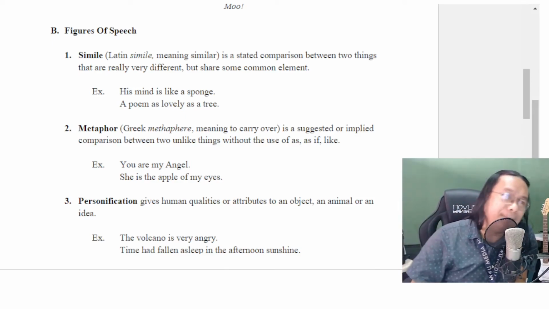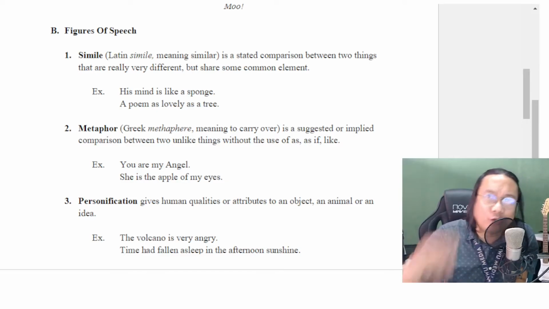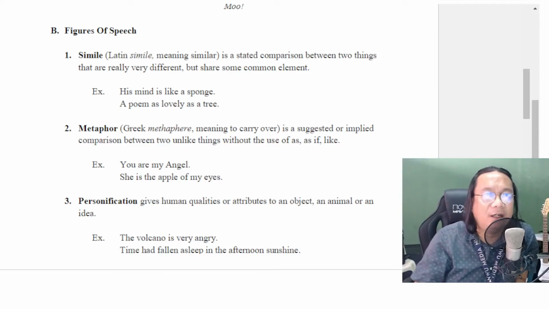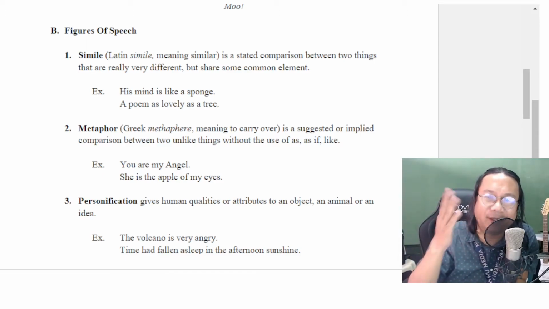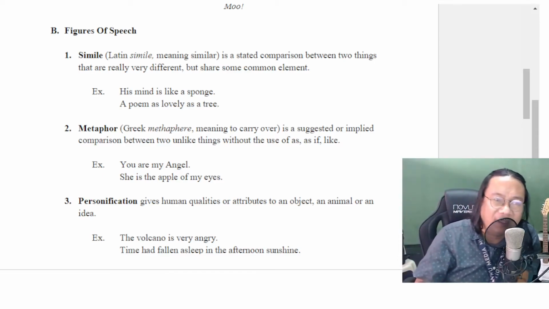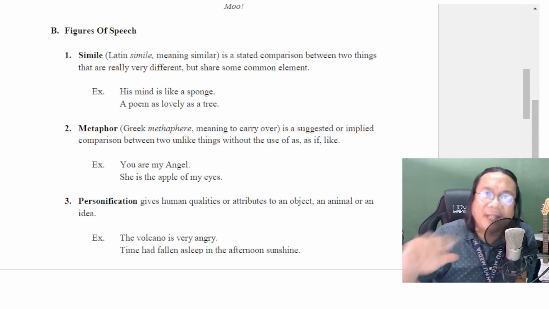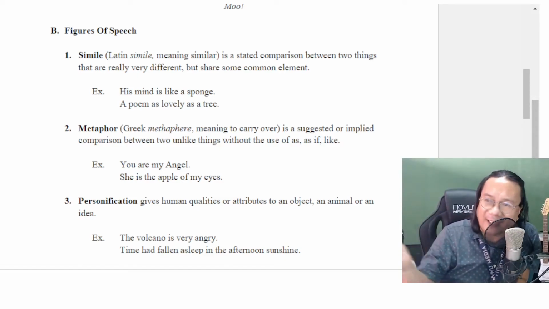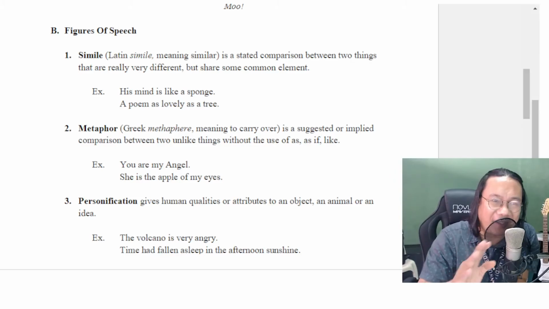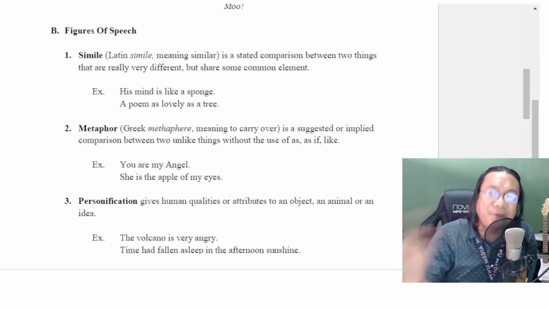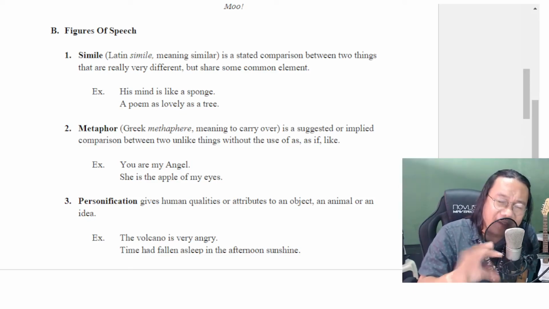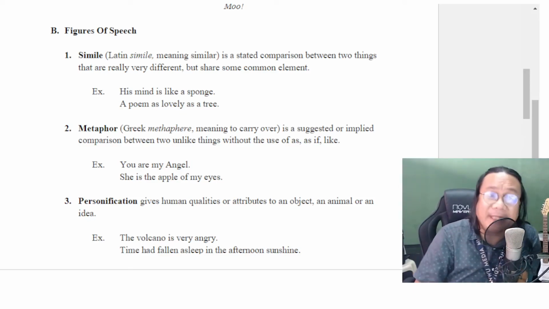For example, ang utak niya ay parang sabaw. Yeah, for example, our utak is not sabaw, you know. Or ang kanyang kagandahan ay parang... Well, you are comparing two things that are not usually the same in the same sense, no?